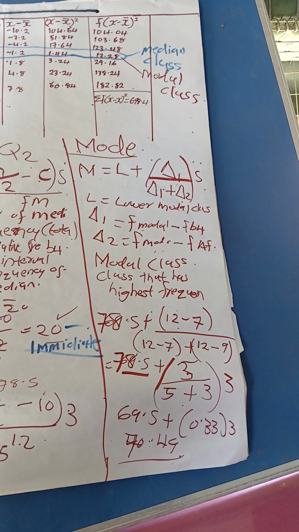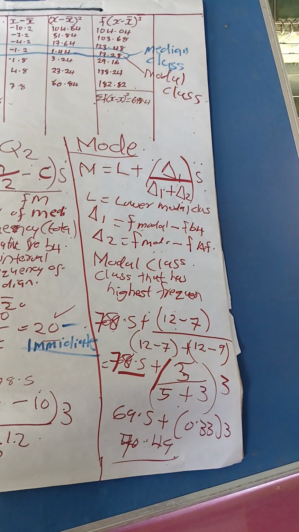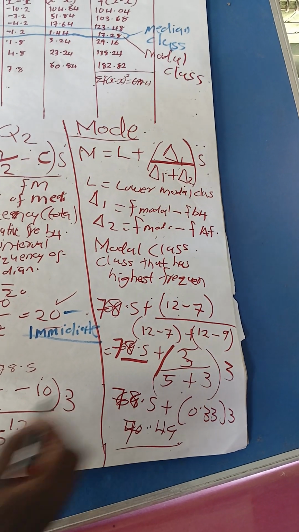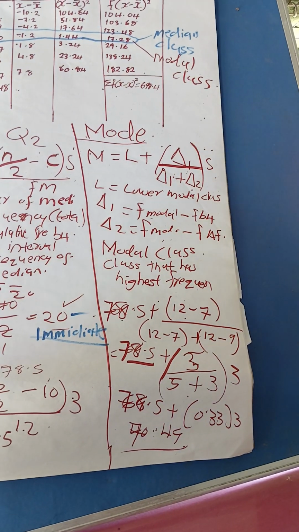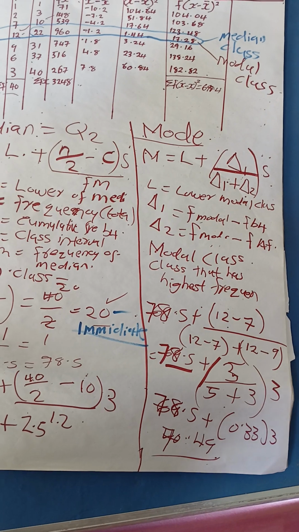Yes, 78.5, because it will be 79 minus 0.5. We have the lower class boundary to be 78.5.